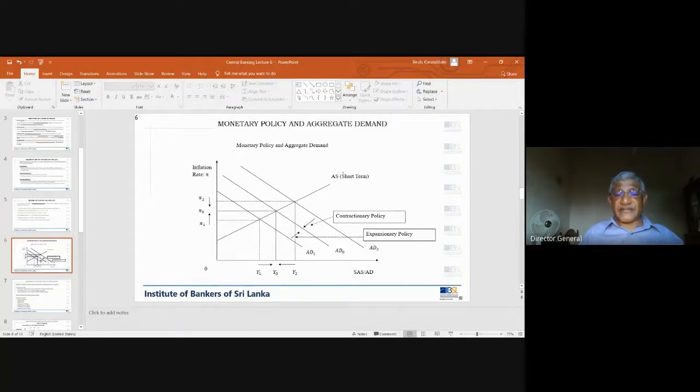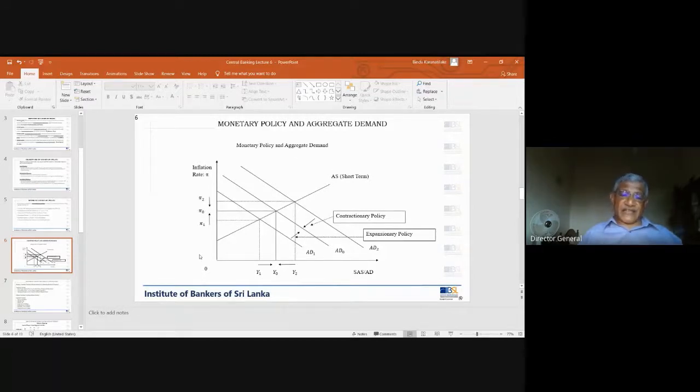Okay, this is the supply side. Here's the demand side. The relationship between the inflation rate and the aggregate demand. When it comes to the supply curve, it's the short-term aggregate supply and inflation. When it comes to the aggregate demand curve, it is the aggregate demand and the rate of inflation.